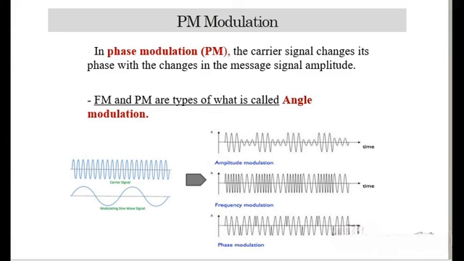The receiver receives the signal, which is converted back to its original form. The message signal is processed to remove the noise. It also helps in improving the efficiency of the signal.